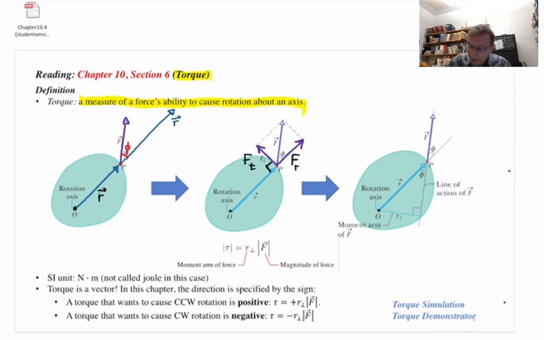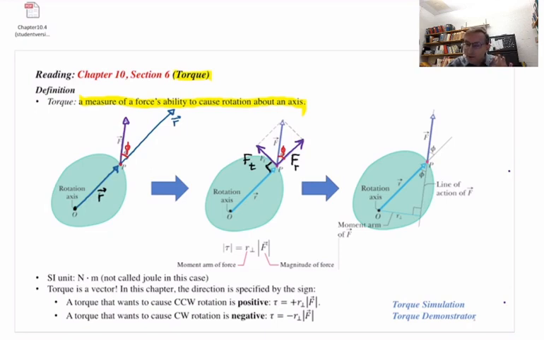Still have that angle phi. It would still be right there. Now the contention is that it's only one of those two components of F that is causing this disc-shaped blob to rotate. You see which of the two components it is? Is it F radial or F tangential? You might want to think about that.